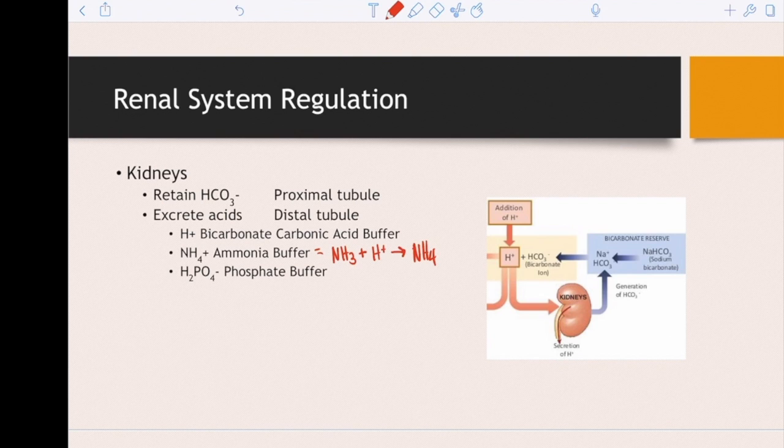And we can have an H2PO4 phosphate buffer as well. That was what we talked about previously, where we had HPO4 pick up a proton to make H2PO4, which is then excreted out of the urine. So both of these can be excreted.